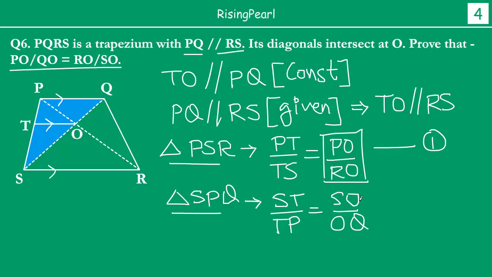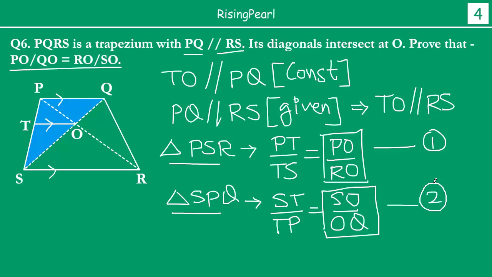So friends, take a look at this. By selecting this triangle, now I have got the ratio of the second diagonal, which is SO by OQ. Right? And I am again expressing this in terms of the ratio of this side PT, which is common. So let me call this condition 2.